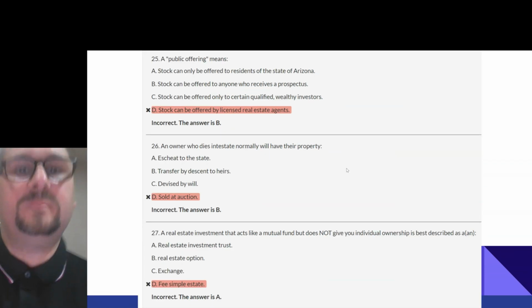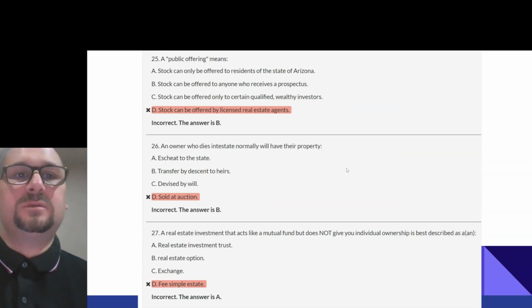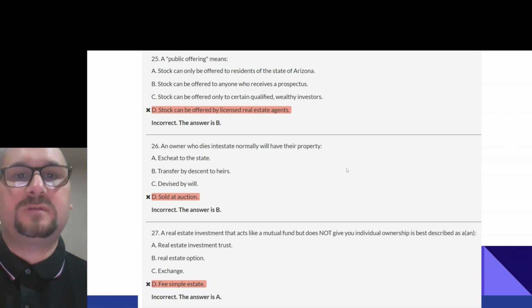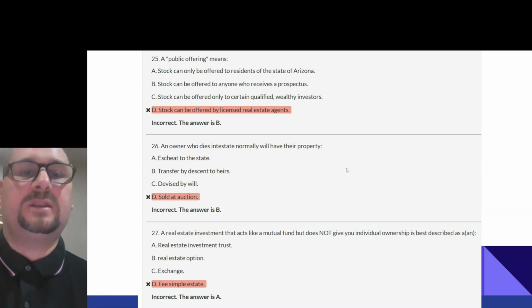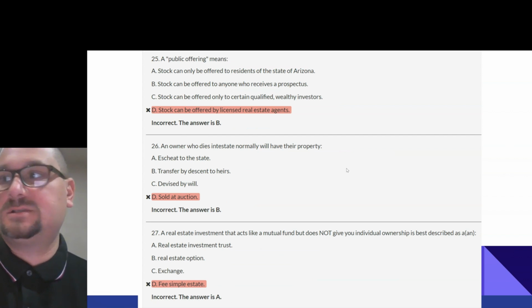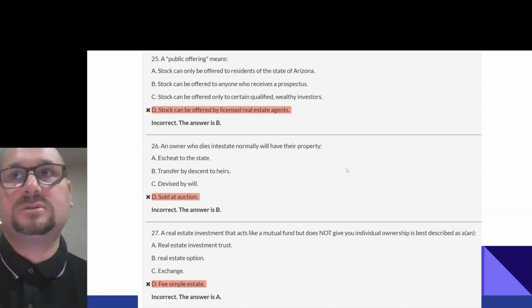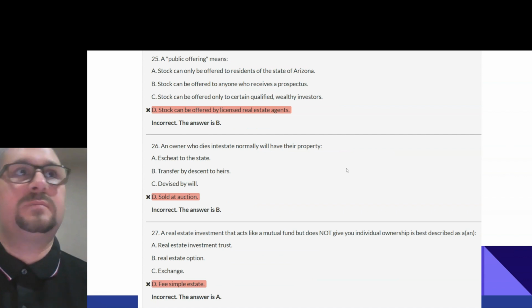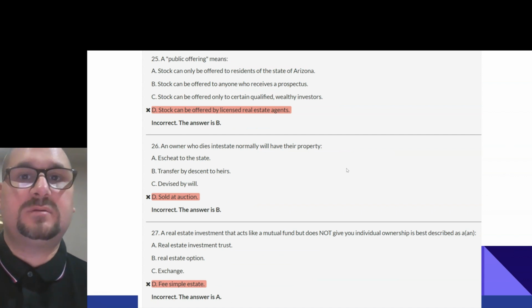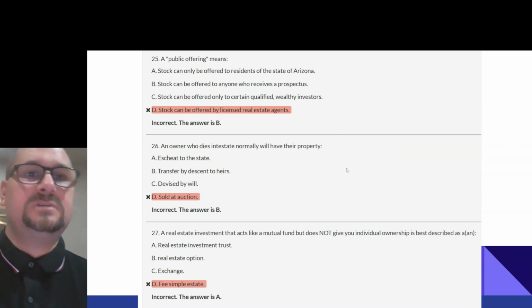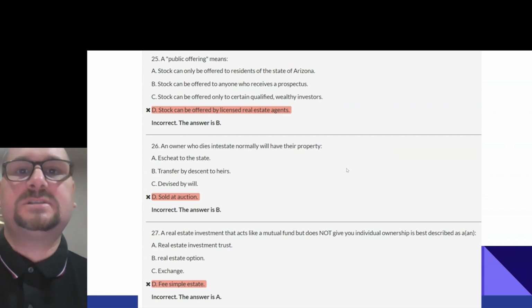Public offering means what? Bravo, stock can be offered to anyone who receives a prospectus. So that's a public offering. Can stock be offered only to residents of the state of Arizona?